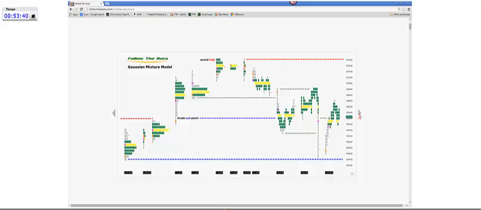And so what we have done is we have taken that concept that Pete Steidelmeyer developed, and we have put it into the context of the more sophisticated tools that are available to traders today. And there's a variation in the terms. We don't use the identical terms that Steidelmeyer did, but the concept is similar.